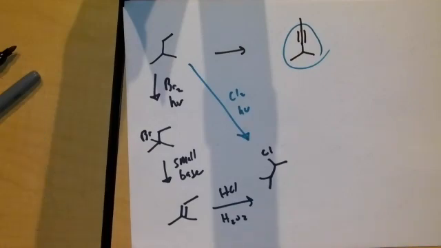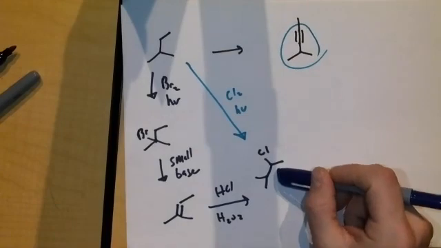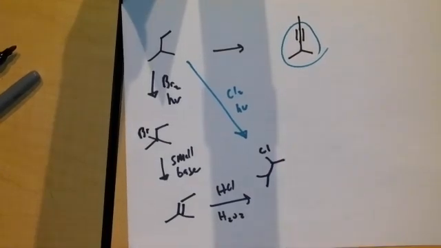From here, we need to turn a Cl or Br into a triple bond.